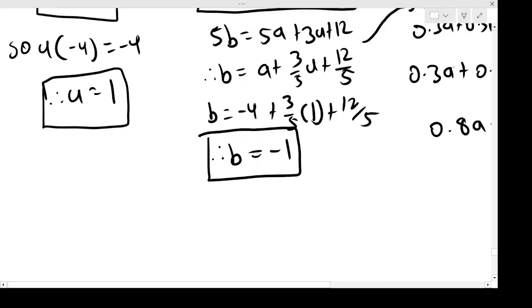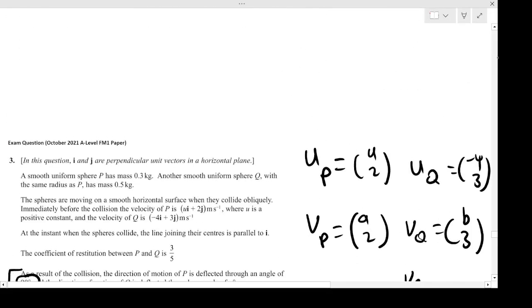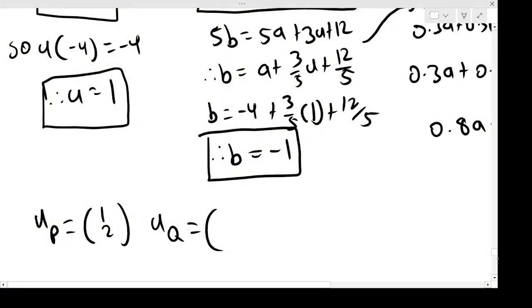So now I've found all my missing values, I'm just going to restate my velocities. So UP was U, 2, remember, but U is 1. So I can say it's 1, 2. UQ was minus 4, 3, that we were given.